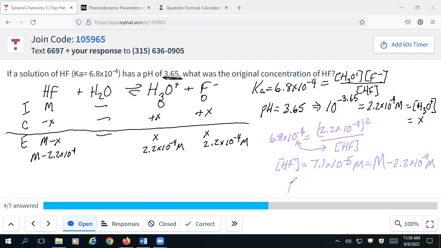My initial concentration of hydrogen fluoride, hydrofluoric acid, would be equal to 2.2 times 10 to the negative fourth plus 7.1 times 10 to the negative fifth, which would give me 2.9 times 10 to the negative fourth molar.